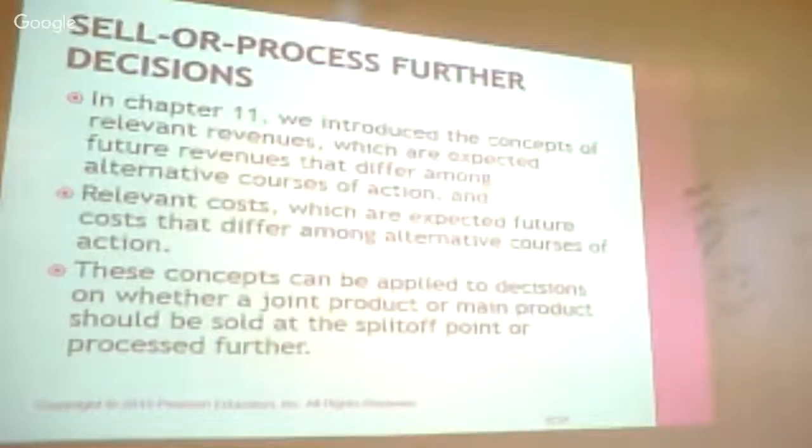Should we just stop at a certain point, or can we go on to make it a different product than what we have? So in Chapter 11, we introduced the concept of relevant revenues, which are expected future revenues that differ among alternative courses of action, and relevant costs, which are expected future costs that differ among alternative courses of action. And these concepts can be applied to decisions whether a joint product or main product should be sold at the split off or processed further.